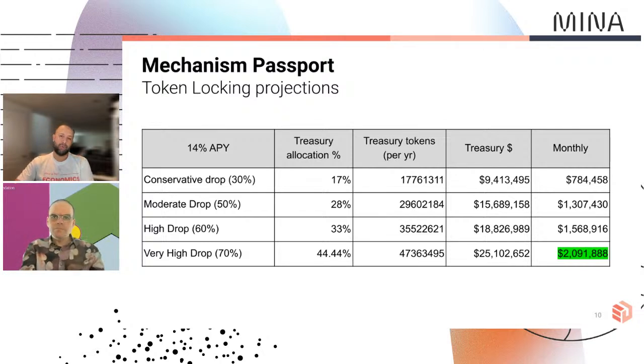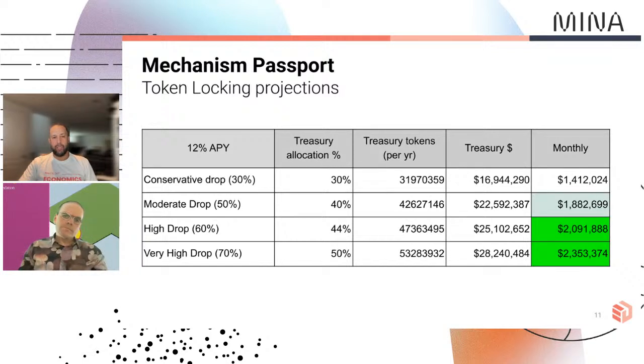It doesn't mean that if we don't reach $2 million, everything is going to collapse, but this is a business objective that we gave ourselves just to make sure that we have enough budget to really support the protocol growth. So I did this exercise for if we had to sustain a 14% APY. We also did it for a 12% APY, and then we can see that we can reach something around the 2 million with a high drop or a moderate drop of 50%, for example.